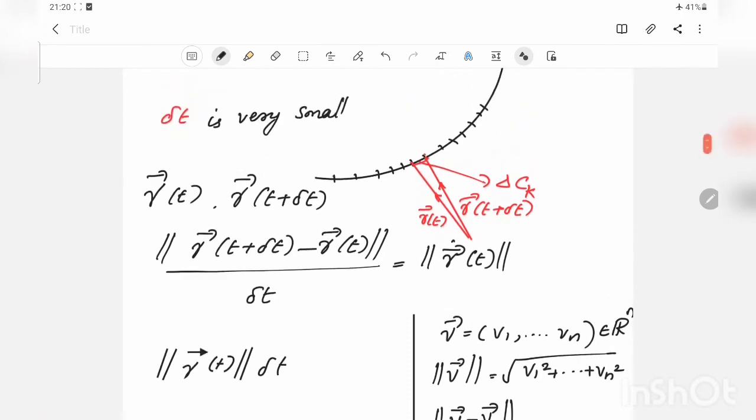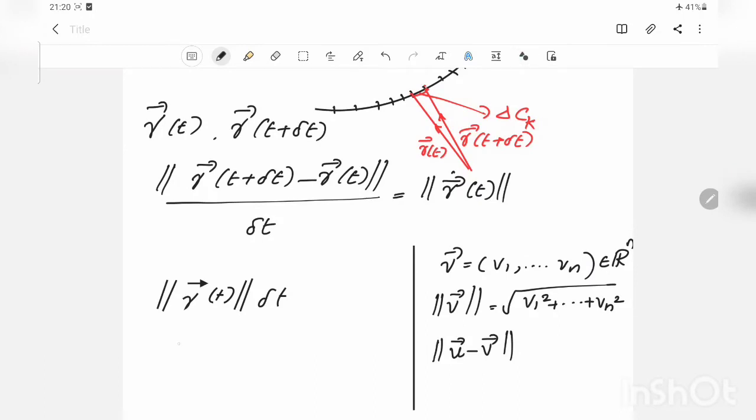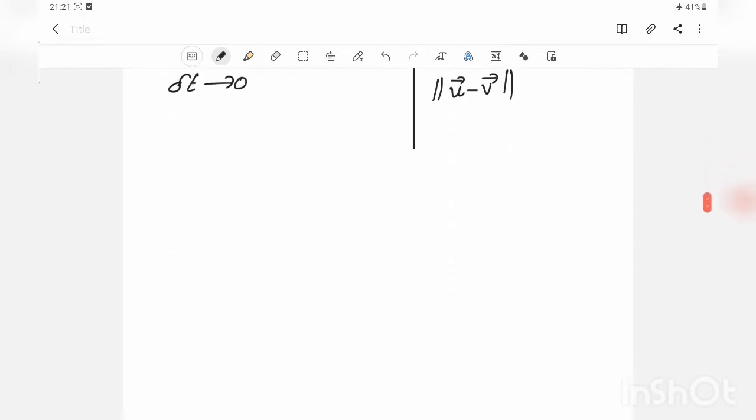For obtaining the total length of the curve, we add the lengths of these small pieces. As delta t tends to 0, the sum becomes the line integral that we all know.